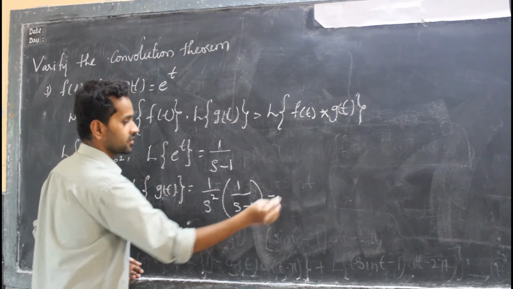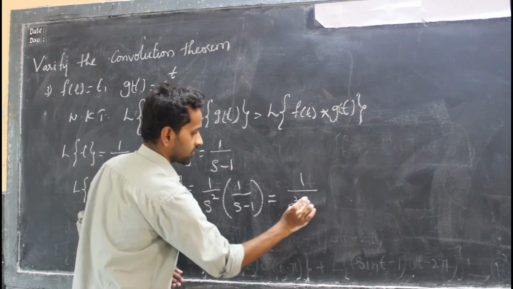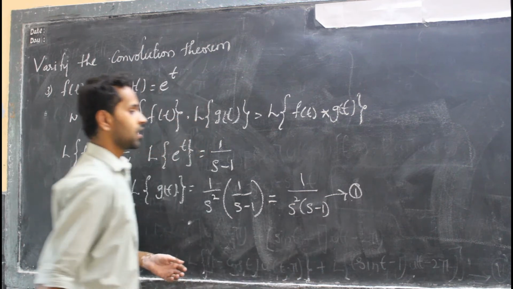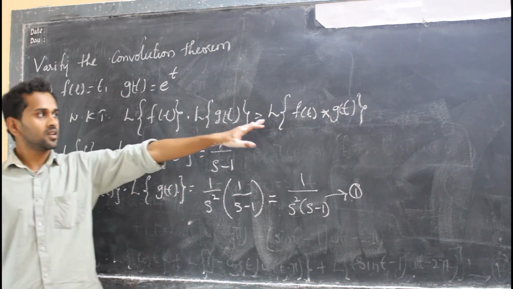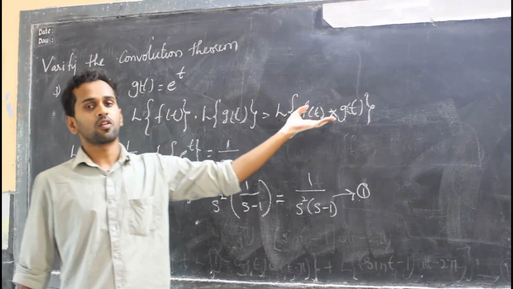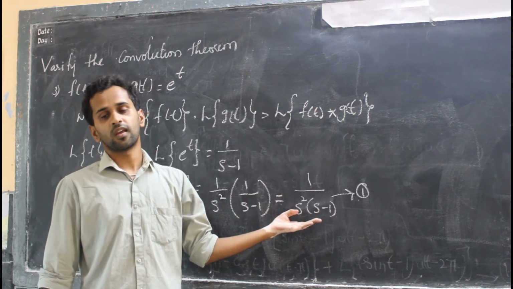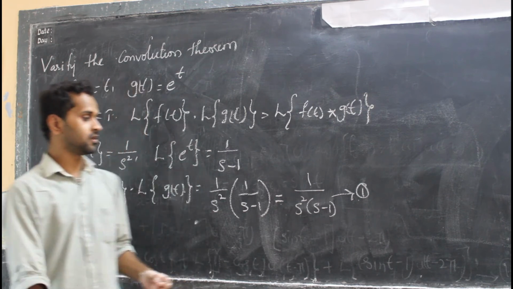So finally I can write it as 1 by s square into s minus 1. So keep it as equation number 1. Now I need to find the right hand side, Laplace transform of convolution of f of t and g of t, and should show that LHS equal to RHS.